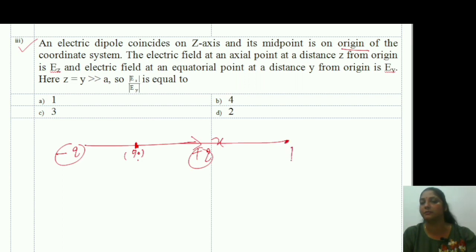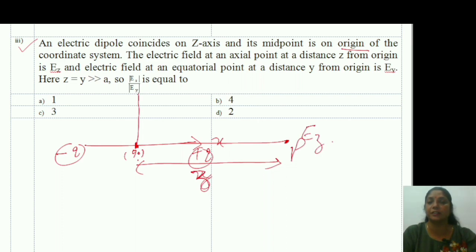Suppose this is the axial position P. The electric field at a distance z from this midpoint is Ez. And the electric field at an equatorial position at a distance y from the origin is Ey.